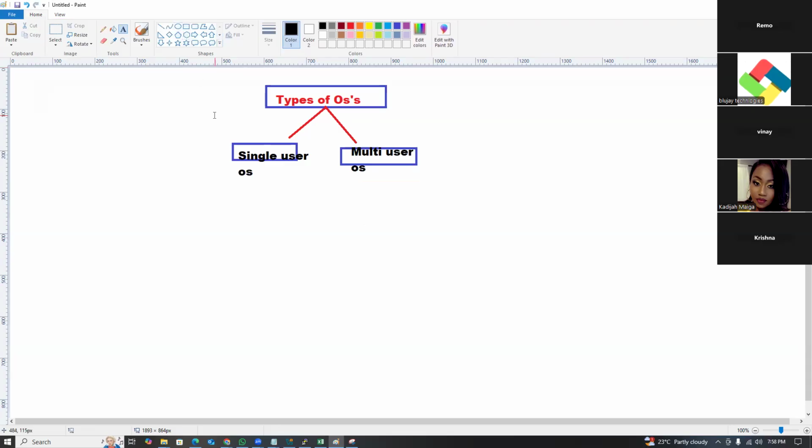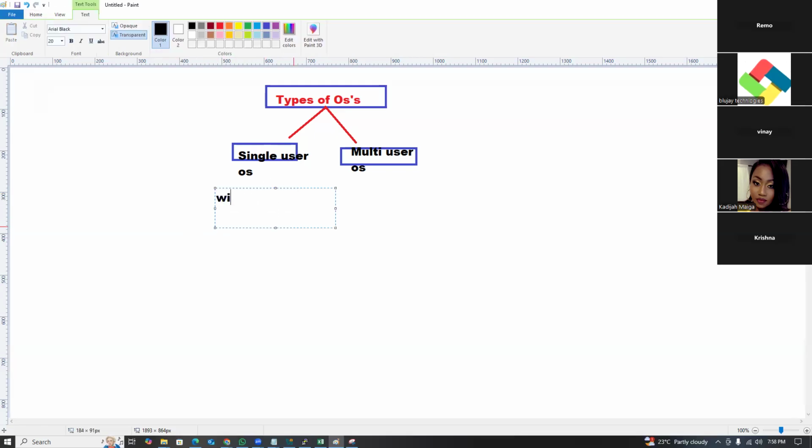Guys, which operating system are you using? How many users will connect at a time in your laptop? Only one user, right? So whatever you are using will be a single user operating system.